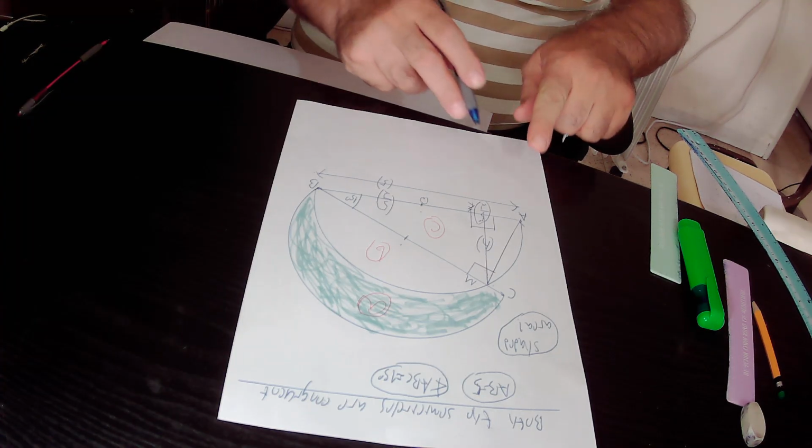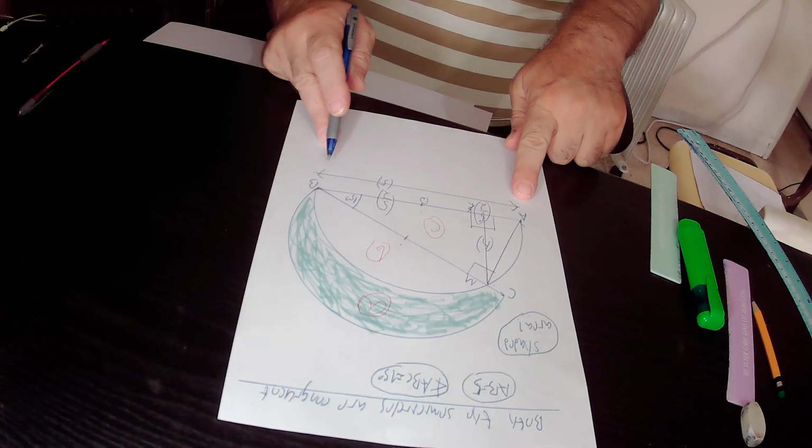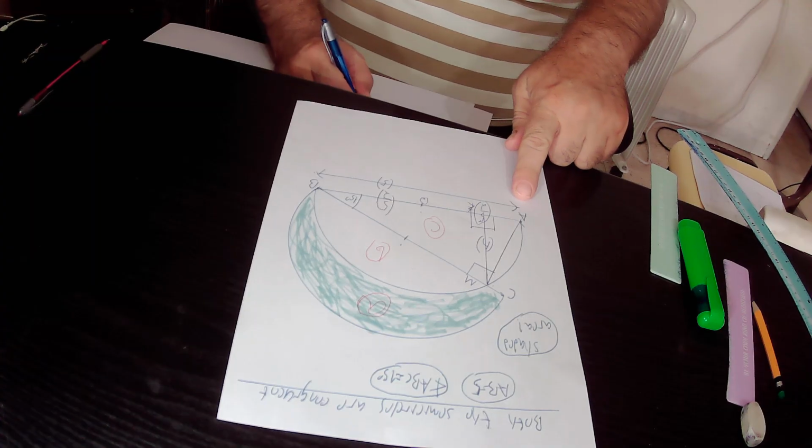The question gives us that AB equals 5, the diameter of this semicircle AB.